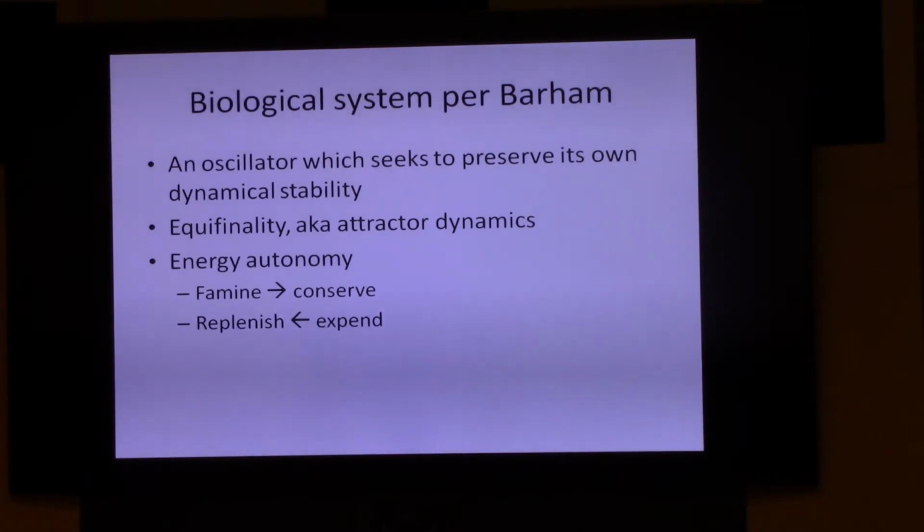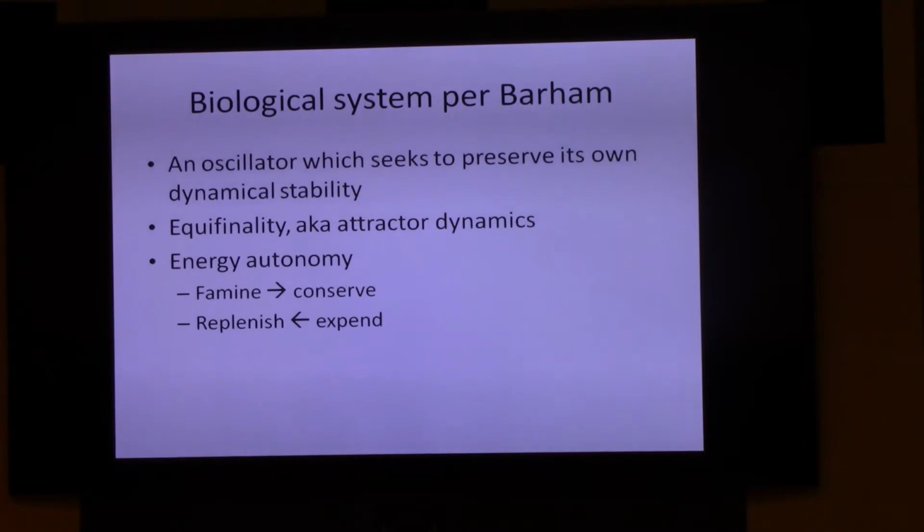All right, so I think we've said much of this already. In words, a biological system in Barham's conception is an oscillator. It's a dynamical system which has a time-varying state, and it seeks to preserve its own dynamical stability. Equifinality is a fancy word for attractor dynamics.